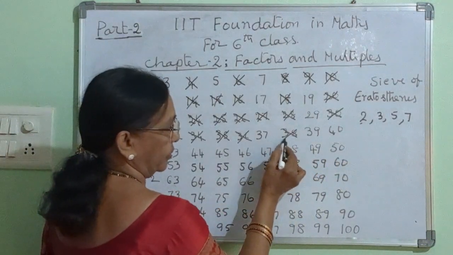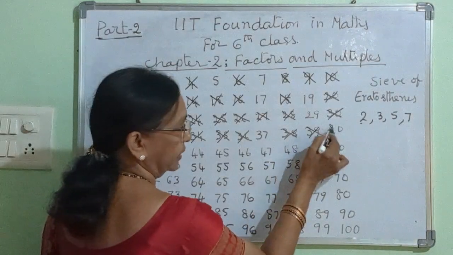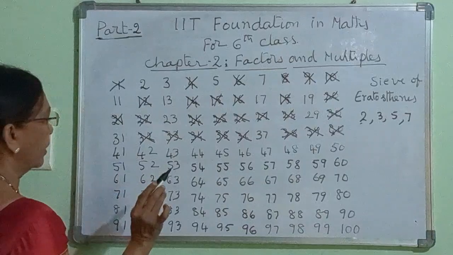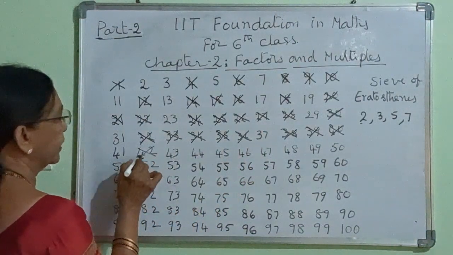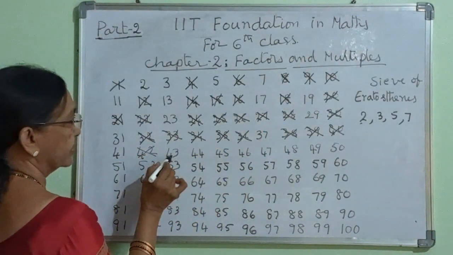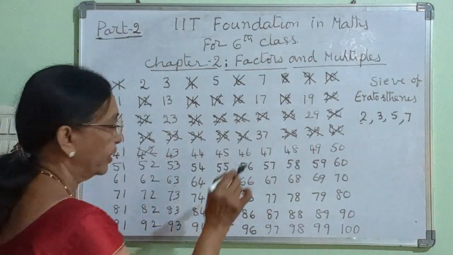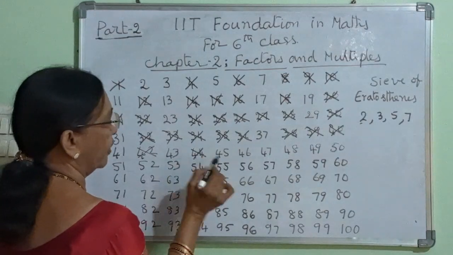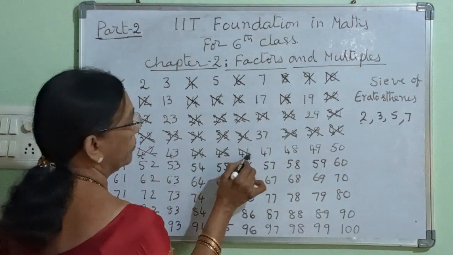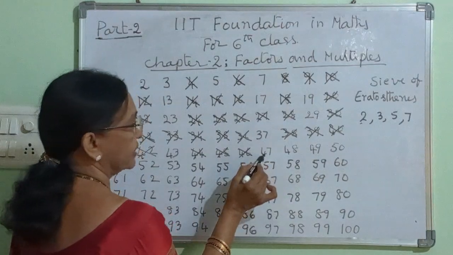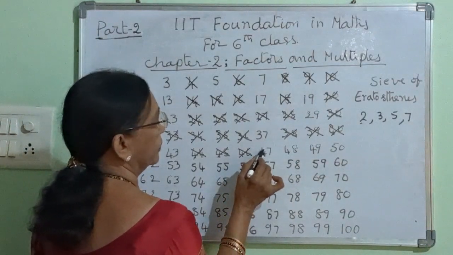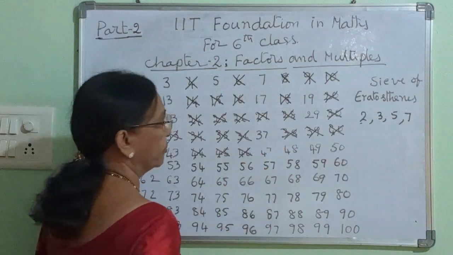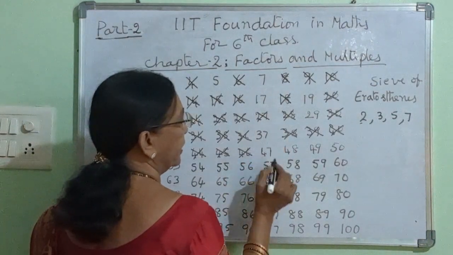And 38 is a multiple of 2. 39 is a multiple of 3, 40 a multiple of 2. 41 is not a multiple of any of these. 42 is a multiple of 2. 43 is also not a multiple of any of these numbers, so it is a prime. 44 is a multiple of 2. 45 is a multiple of 5. 46 is a multiple of 2. 47 is not a multiple of any of those numbers. Therefore, it is a prime number.